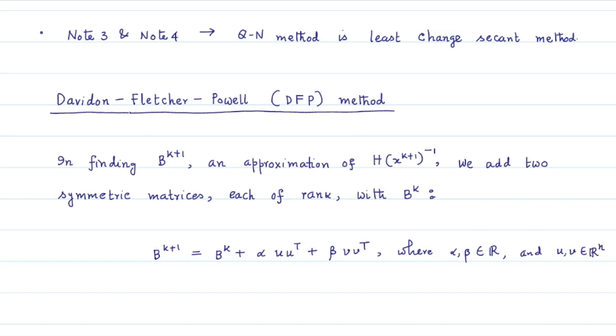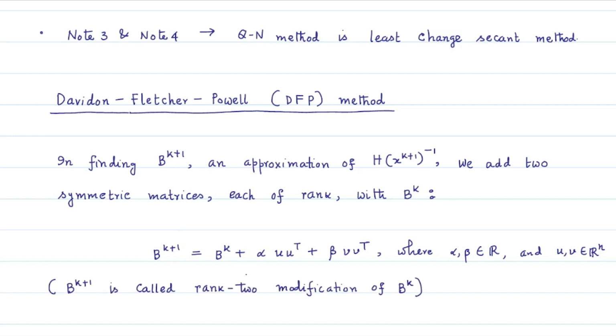Note that if u is a vector in Rn, then u u transpose is a matrix of order n by n but of rank 1. So in finding bk plus 1, we are adding two rank 1 matrices with the earlier matrix bk, and thus this bk plus 1 is called a rank 2 modification of bk.